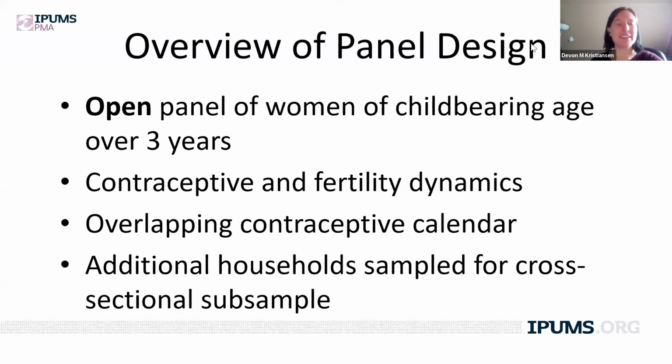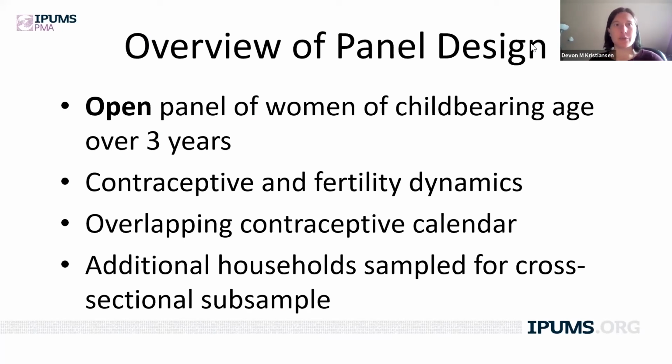So starting in 2019, PMA rolled out a new open longitudinal panel design of women of childbearing age in 8 countries. And it's 3 survey phases that are each a year apart. The goal of the longitudinal design is to better understand contraceptive and fertility dynamics over time.